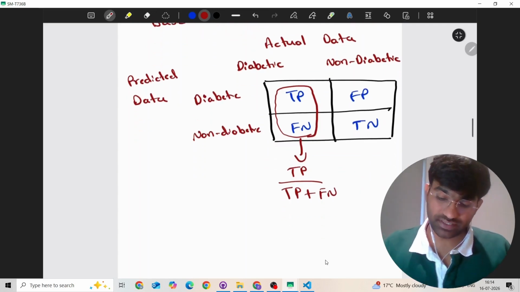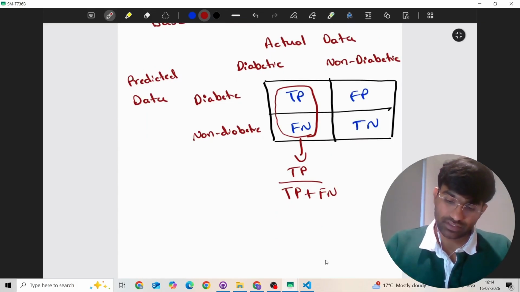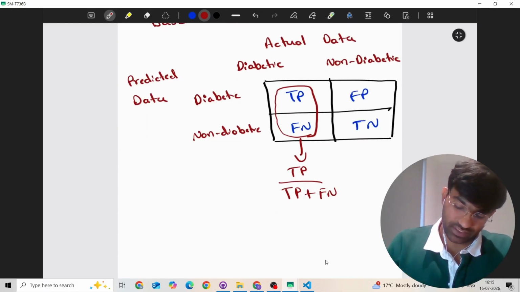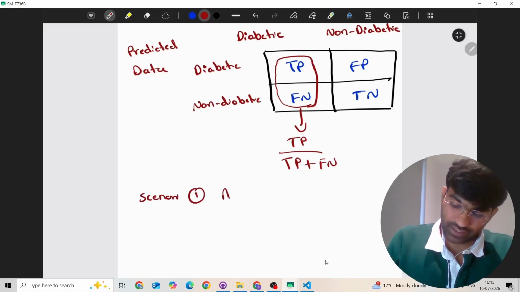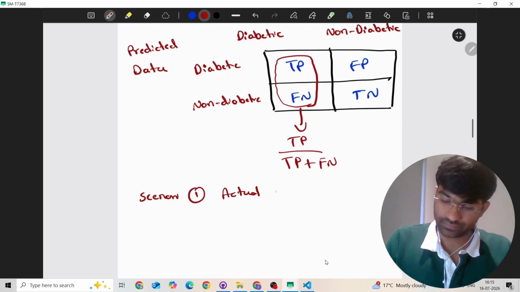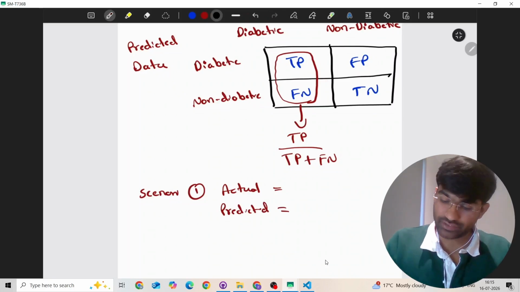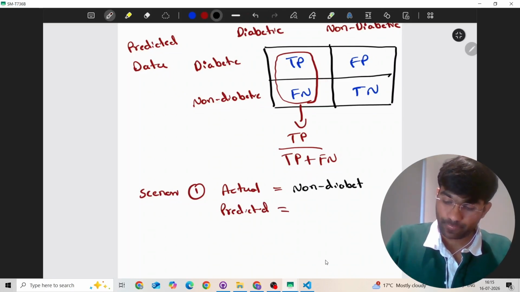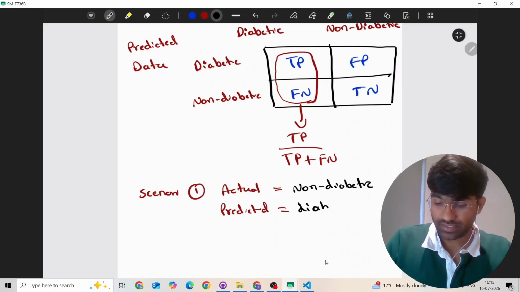What happens in this case? Consider scenario 1. The actual patient is non-diabetic, but the machine has predicted diabetic.